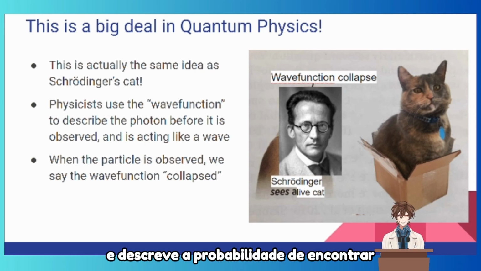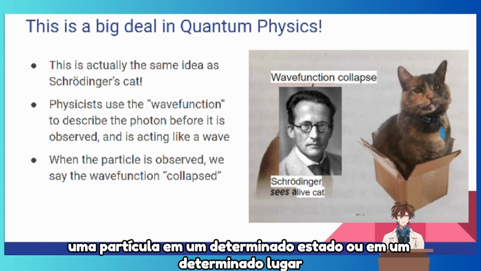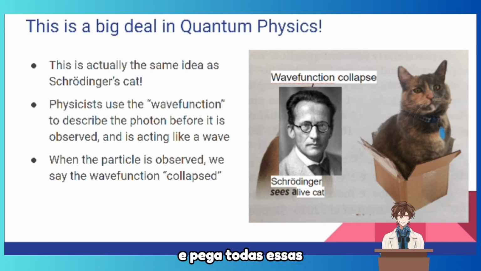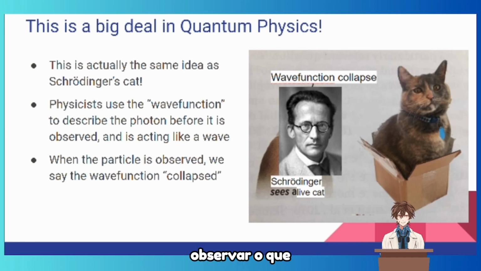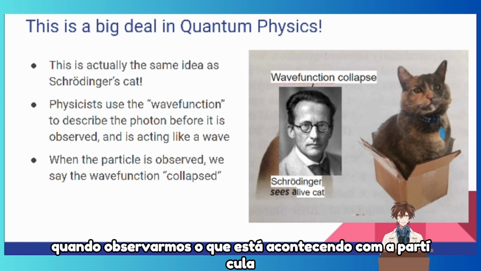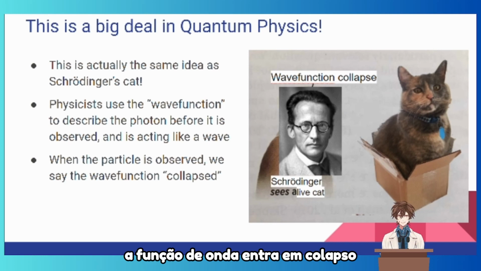It describes the probability of finding a particle in a certain state or in a certain place, and takes all of those probabilities and turns that into a graph. And when we observe what's going on with a particle, the wave function collapses.